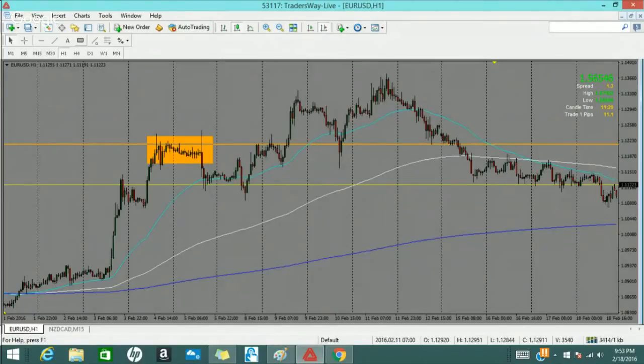How is it consolidation? Because the market is moving sideways. The market is moving sideways in this orange box here. Market makers are collecting contracts.